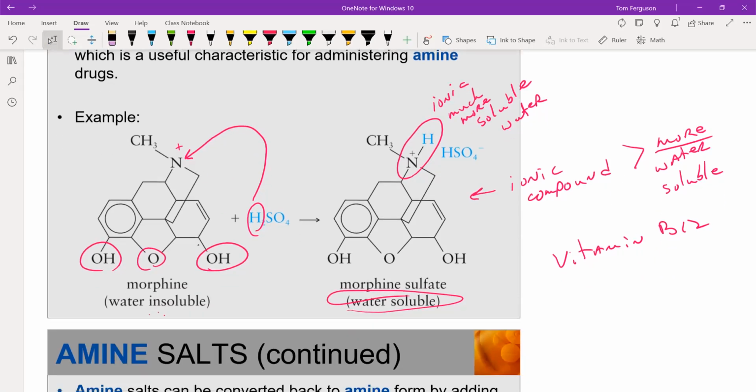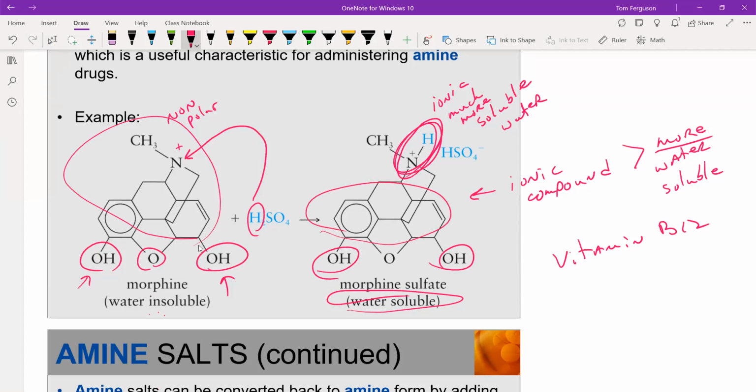Now morphine has some hydroxyl groups here, which makes it soluble in water. However, without the acidic environment here, this tends to be very nonpolar and dominates over the hydroxyl groups. Once we form this ionic compound up here, we've got polar hydroxyl groups and an ion, super soluble in water. So this nonpolar part here is overwhelmed by the combination of the hydroxyl groups and the ammonium cation.